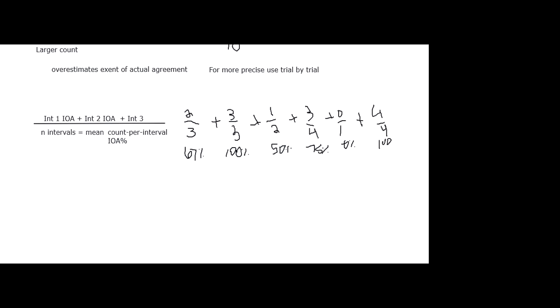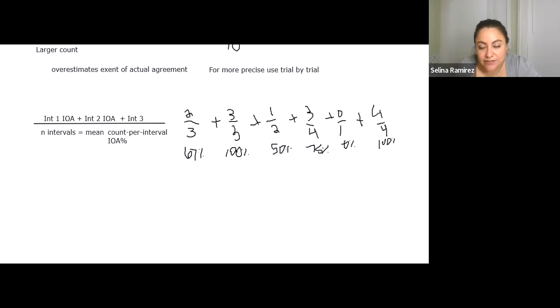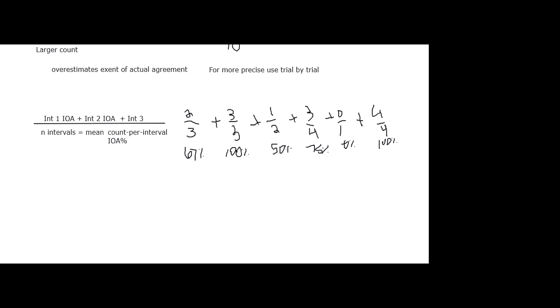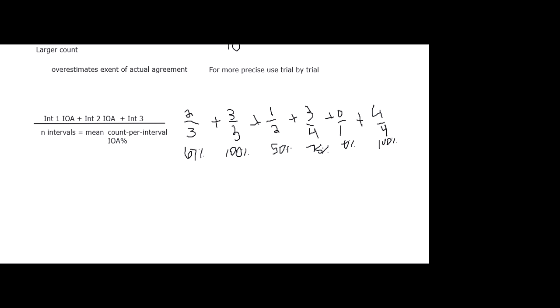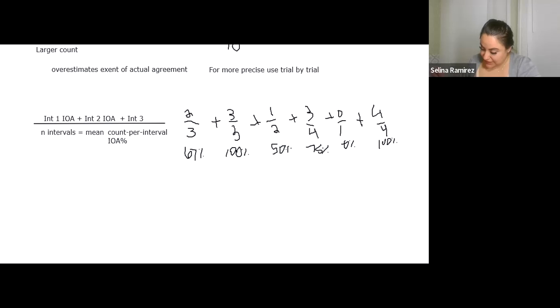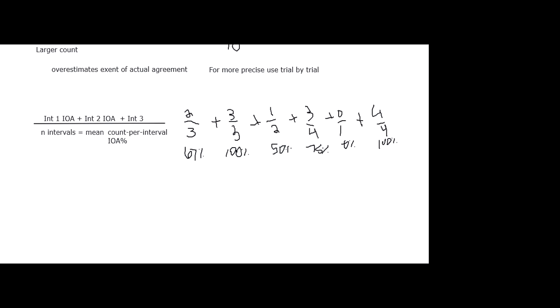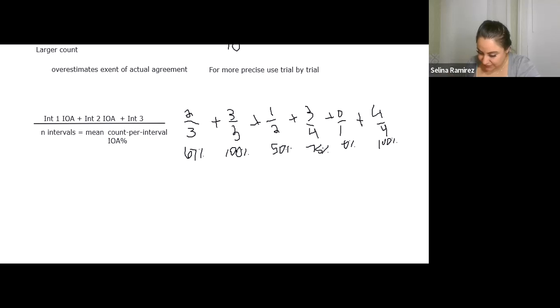So for the mean, we got the IOA for each interval, and then we add them all up and divide by the number of intervals, 6. Okay, who wants to add it? Or do you want me to add it? 67 plus 100 plus 50 plus 75.